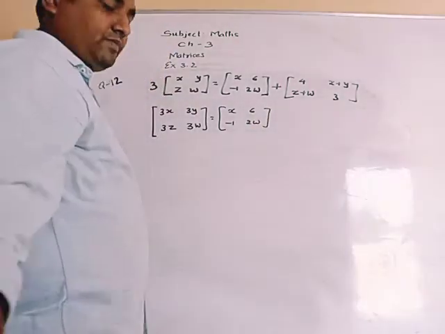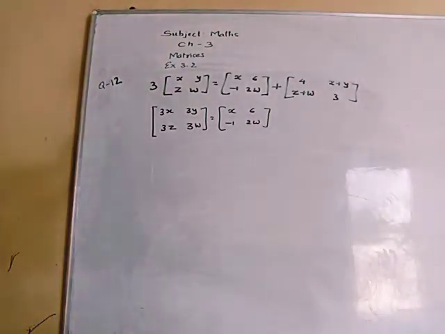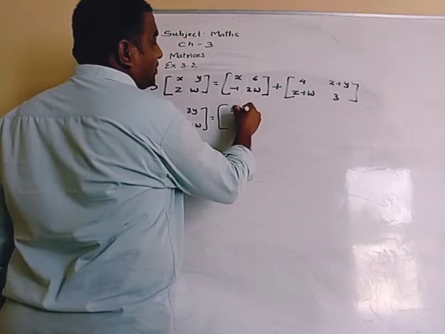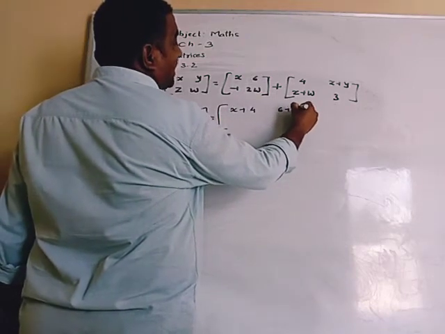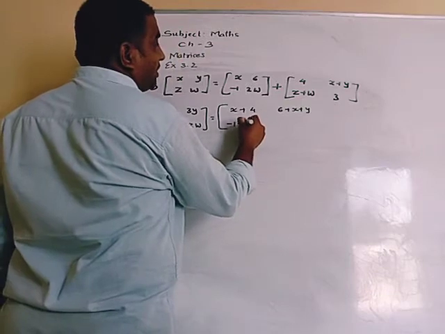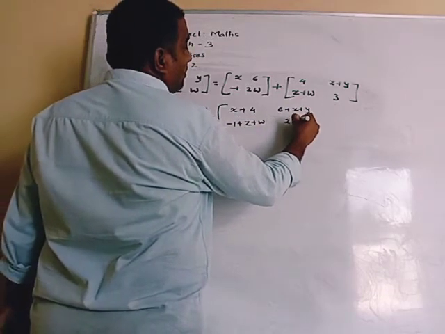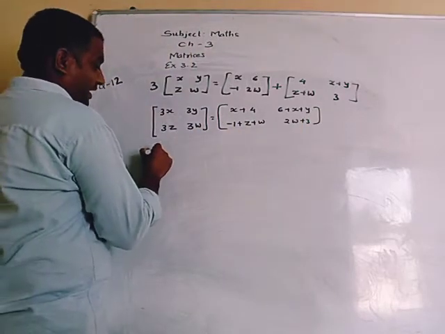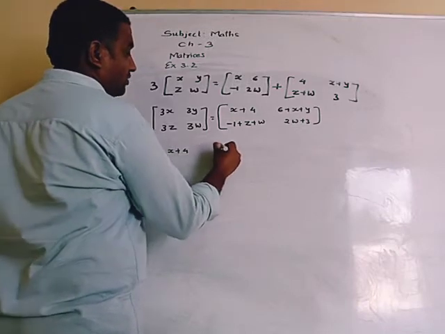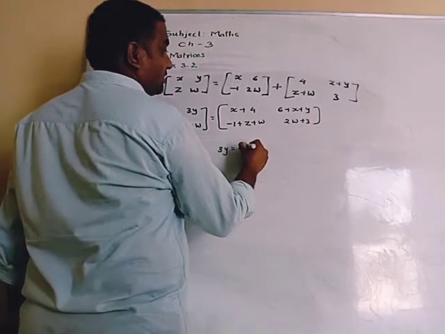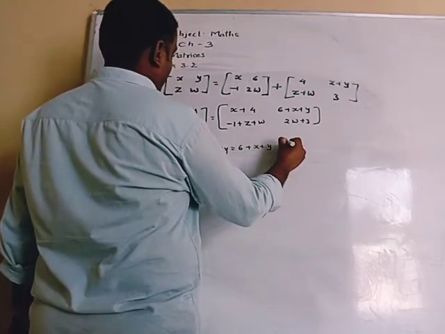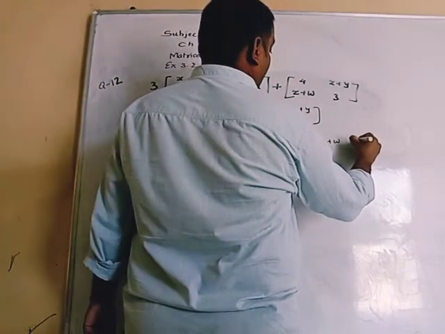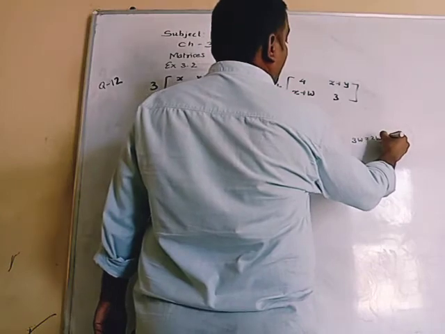We add them: [x plus 4, 6 plus x plus y; minus 1 plus z plus w, 2w plus 3]. By equality of matrices we compare them: 3x equals x plus 4, 3y equals 6 plus x plus y, 3z equals minus 1 plus z plus w, and 3w equals 2w plus 3.